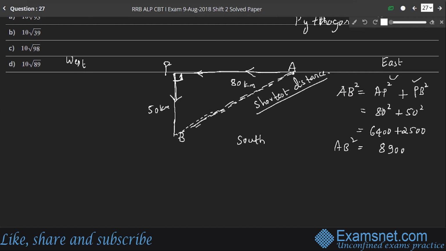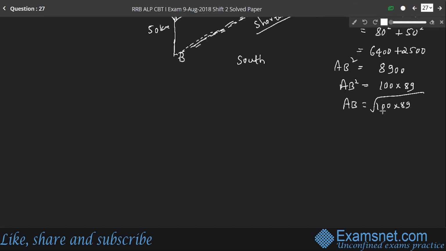Am I right? So 8,900 can be written in terms of multiples of 100, right? So 100 into 89. Right? So it is AB square. Therefore, AB is equal to root of 100 into 89, which is root of 100 is 10, root 89, right?